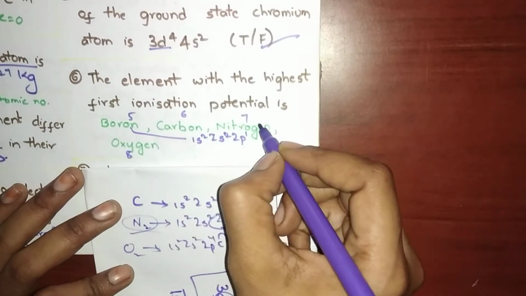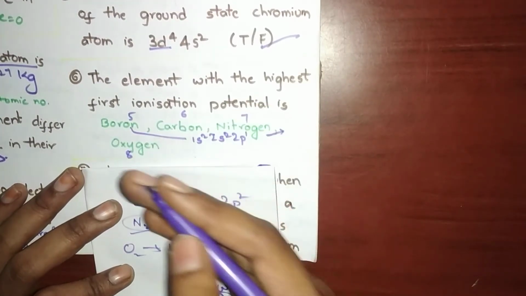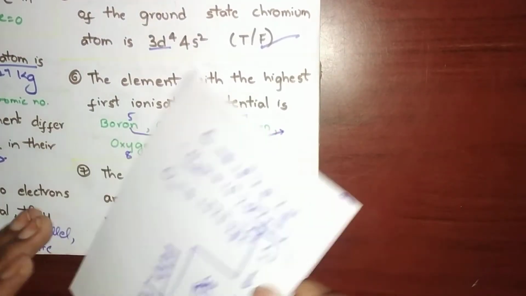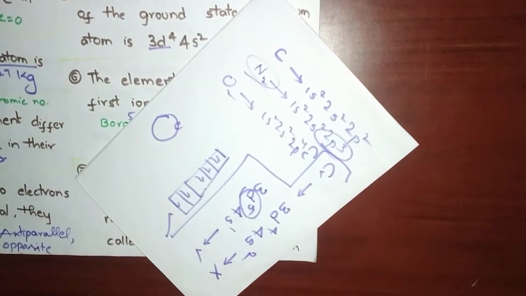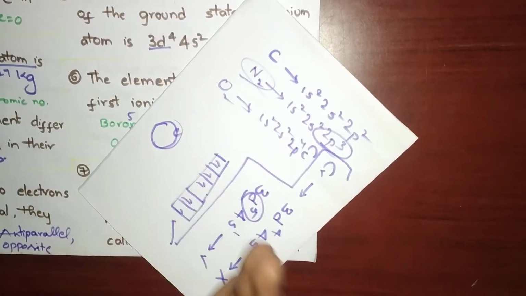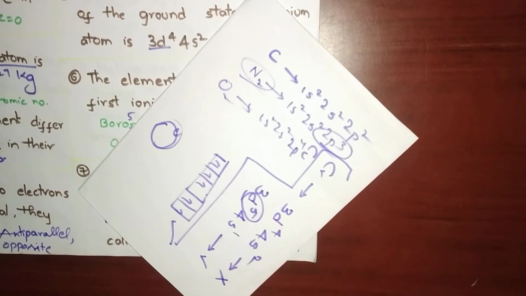So nitrogen has highest ionization potential. What is this ionization potential? It means that if it is an atom, you have to remove an electron from this. If that atom is stable, you have to put more energy to remove that electron.